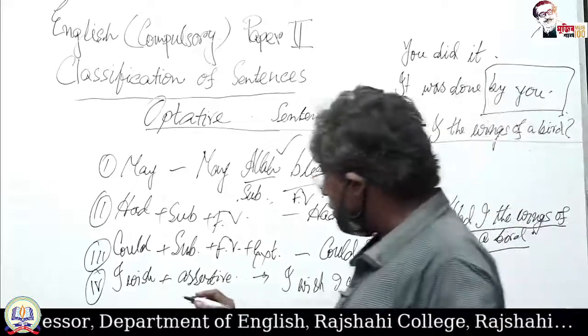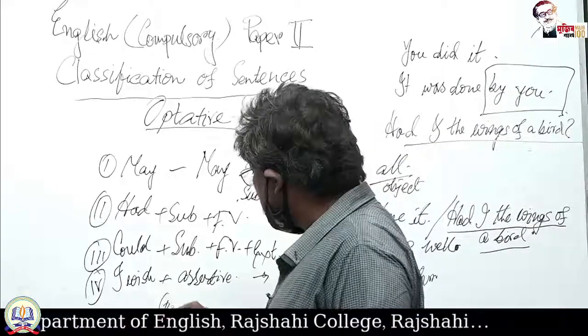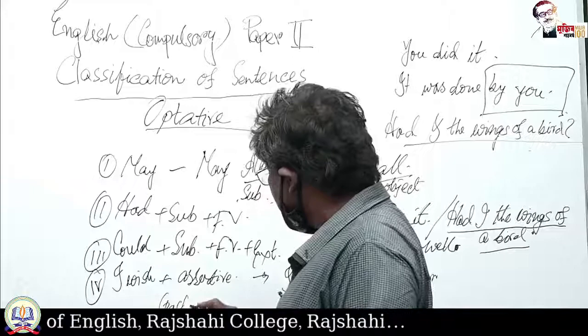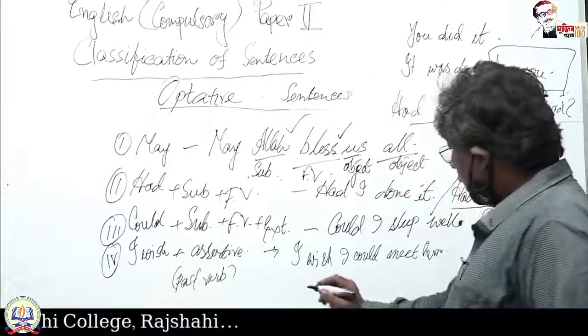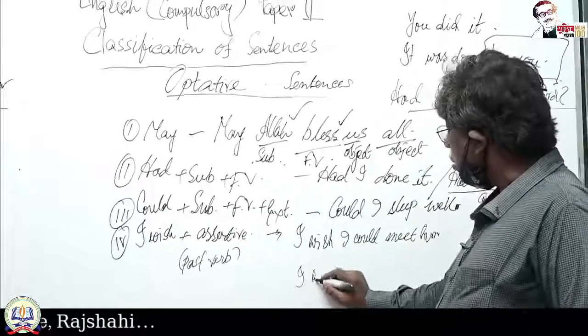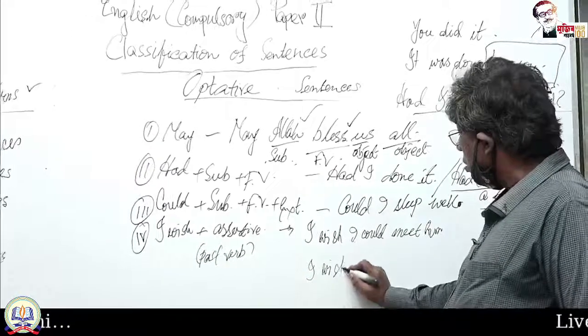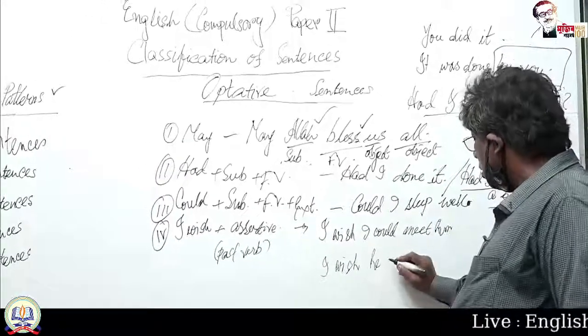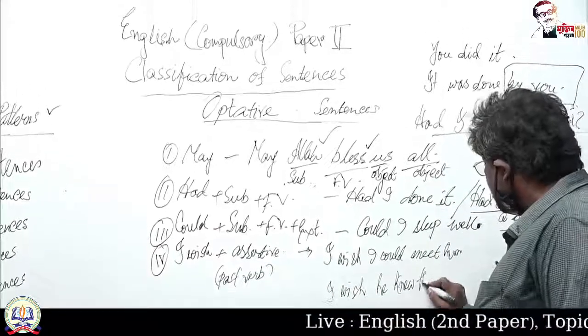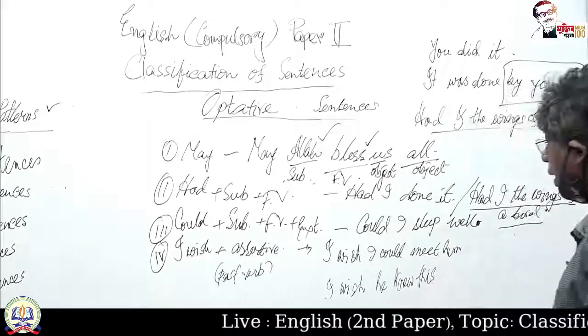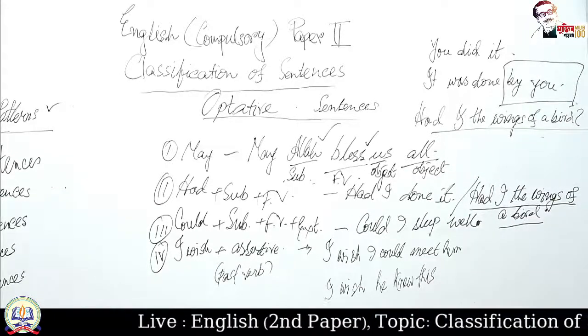The assertive sentence is in the past form of the verb. 'I wish he knew this.' 'I wish he knew this.'